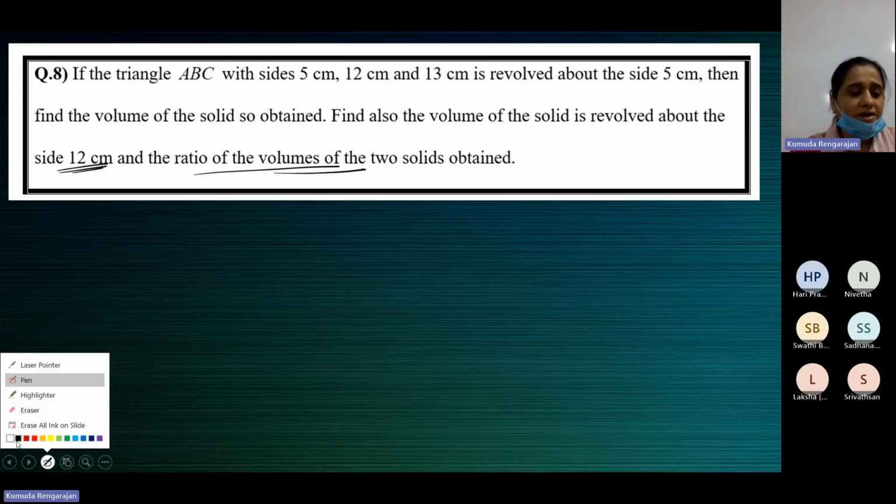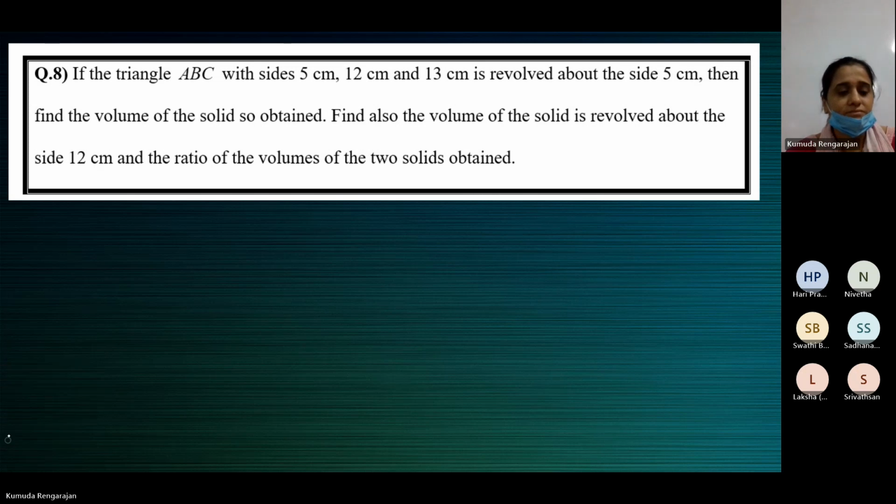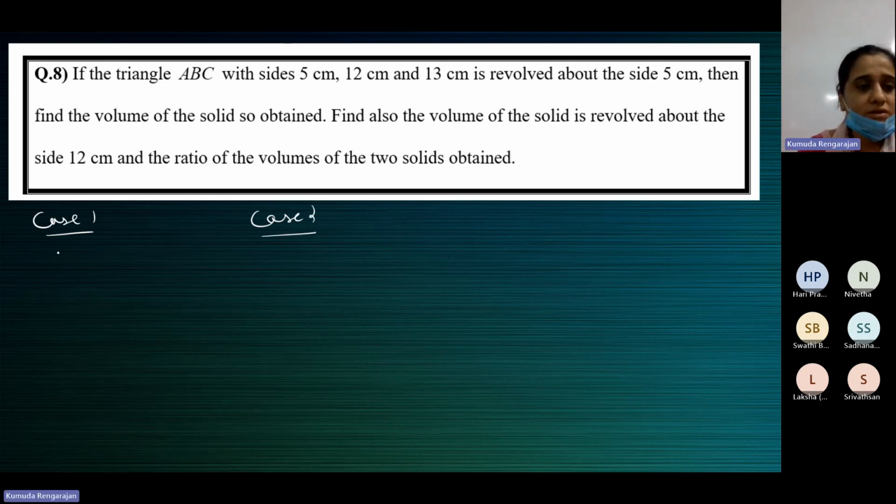There is a right triangle, 5, 12, 13, right triangle. In case 1, you're turning the triangle about the side 5 centimeters.